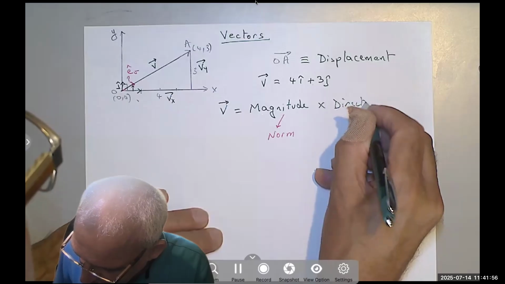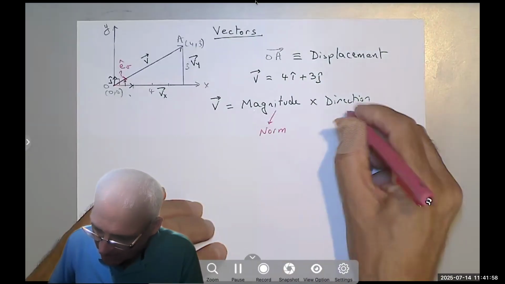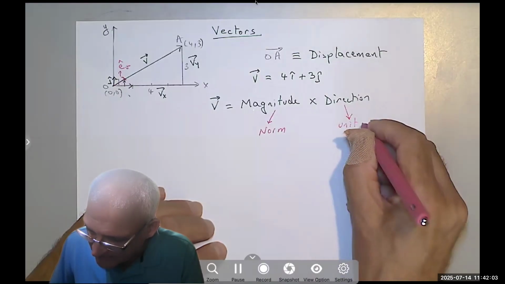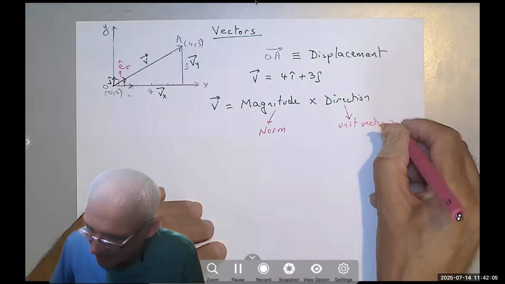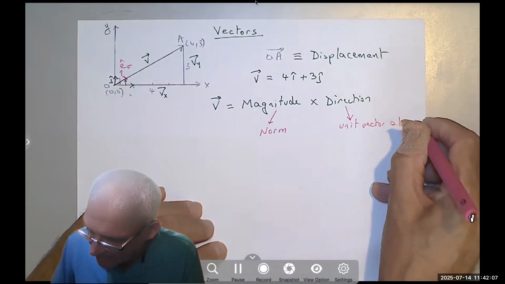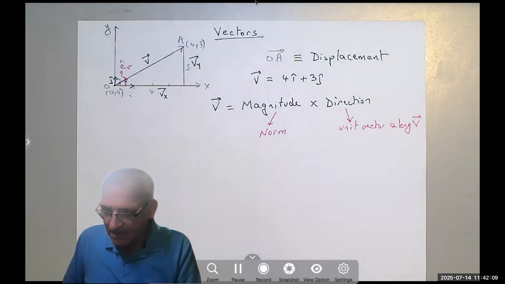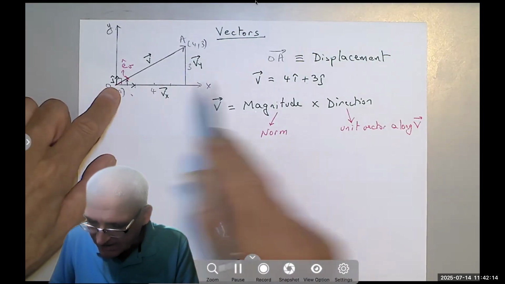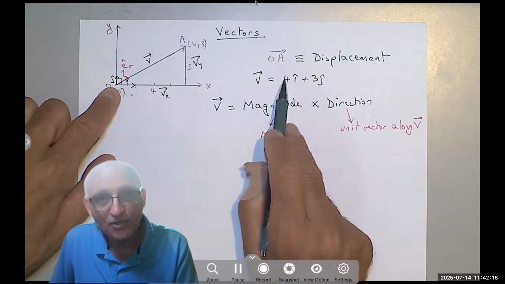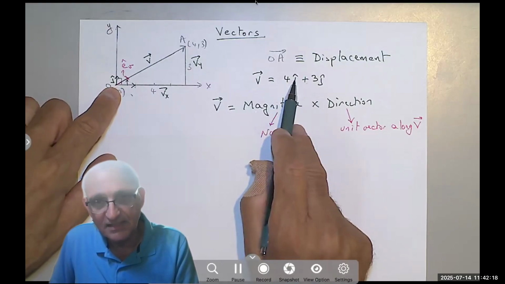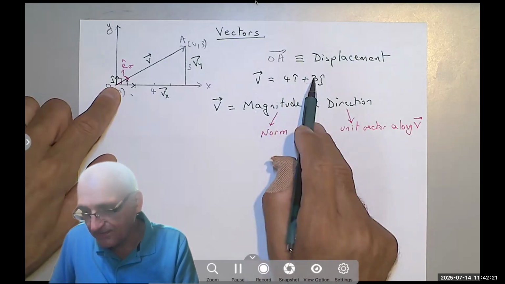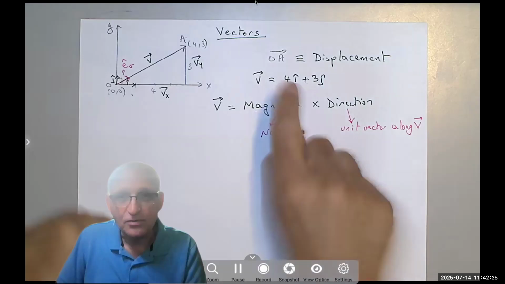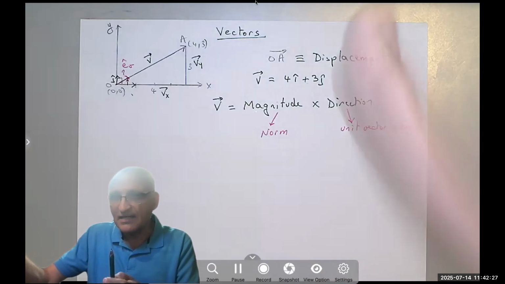And the direction here is a unit vector along V. Well, wait a second. That's exactly here. When I refer to V sub x as 4 times i, a unit 4 and a direction i, plus 3j. But how can I combine them into just one? Because these are two. 4 times i plus 3 times j.